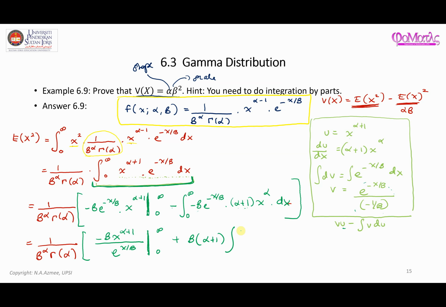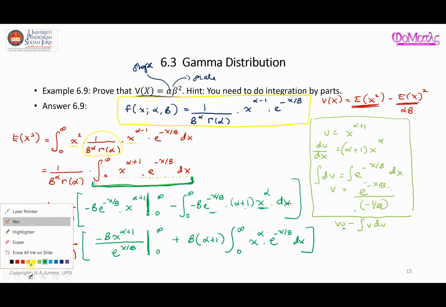And next we're going to have infinity, 0, and I'm just rearranging the position of x and e. So here I have x^alpha times e^(-x/beta) dx. Okay, so that's this part. Still this part.